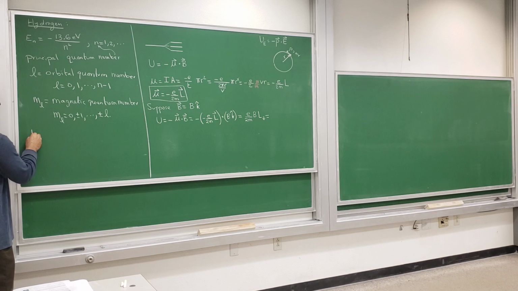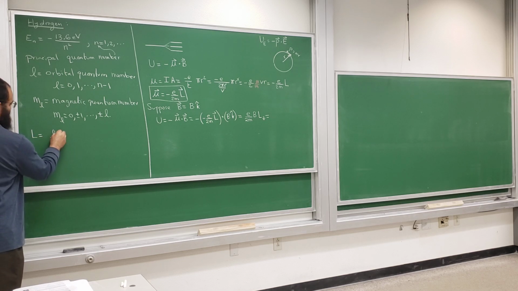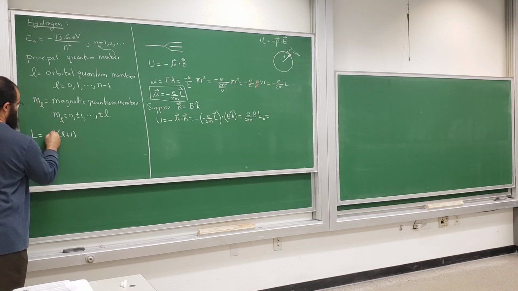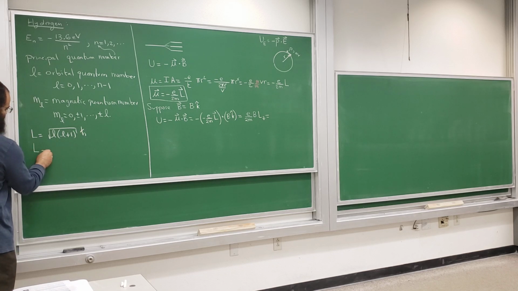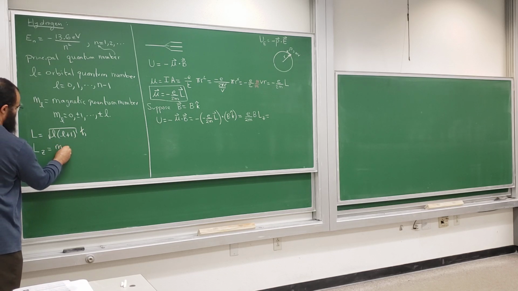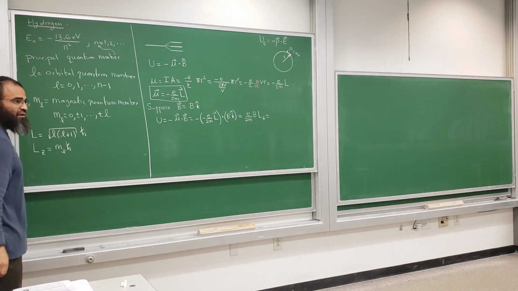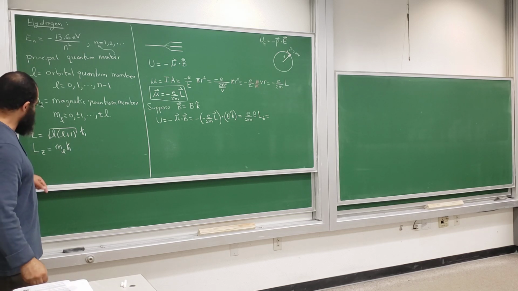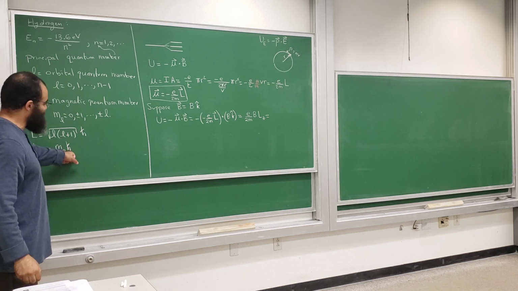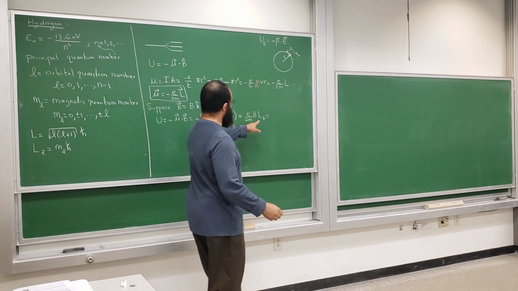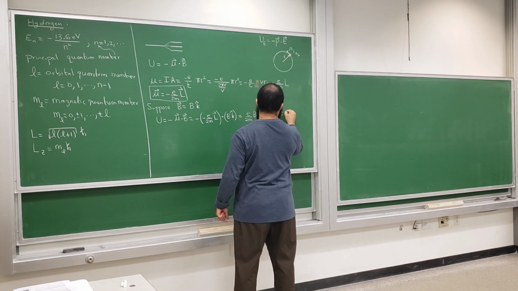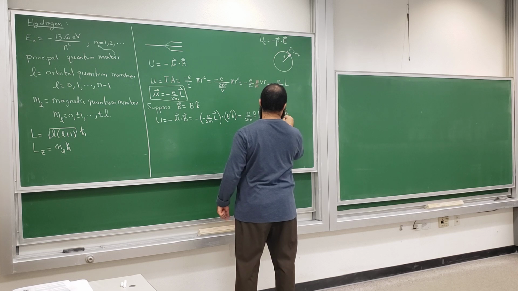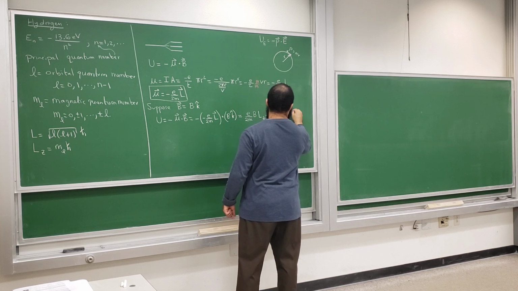Now the total momentum is square root of l times l plus 1 h bar, and then Lz is equal to ml times h bar. We did this last time, I forgot to write it. So now for Lz we're going to write ml times h bar, so e times h bar divided by 2m times B.